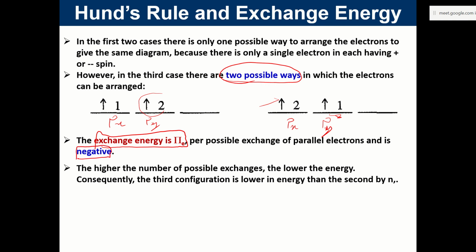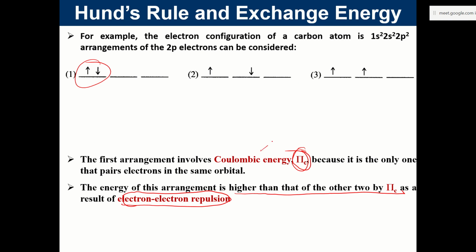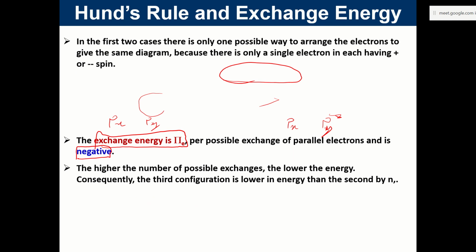The pi c that you have seen, the Coulombic energy that was repulsive, this is a positive term. Increase in energy is caused, and this one is negative. So this is the reason.